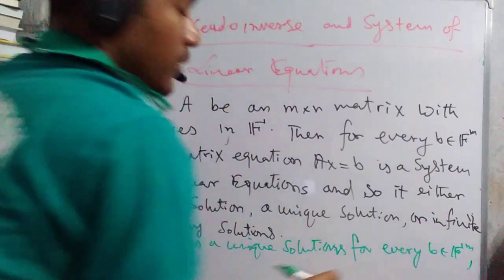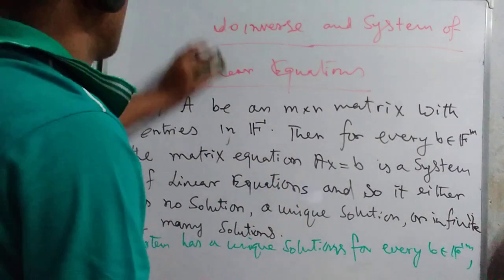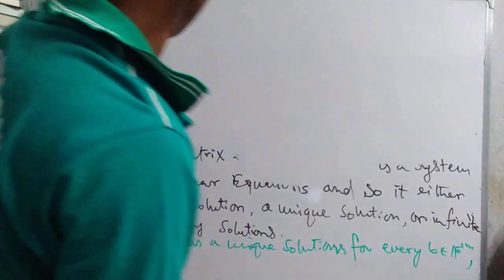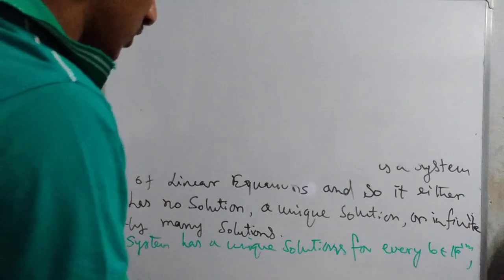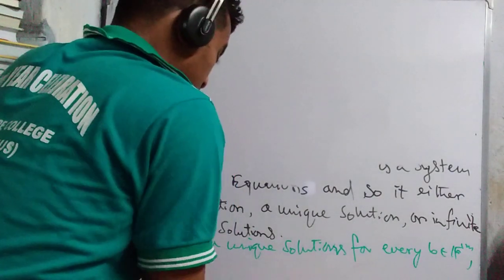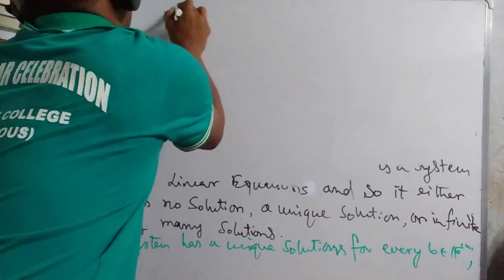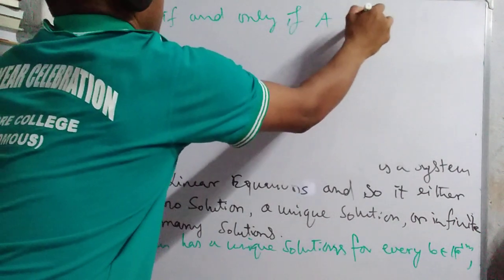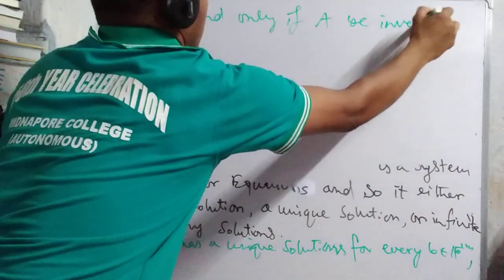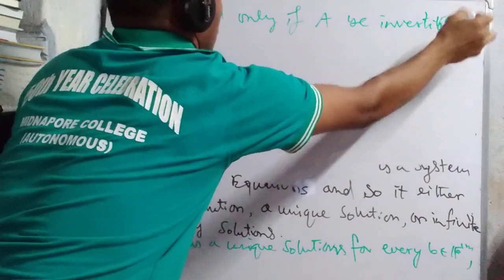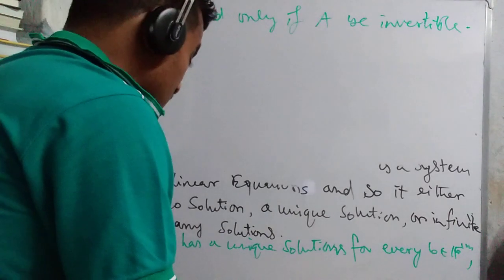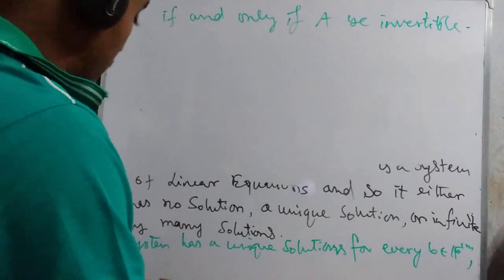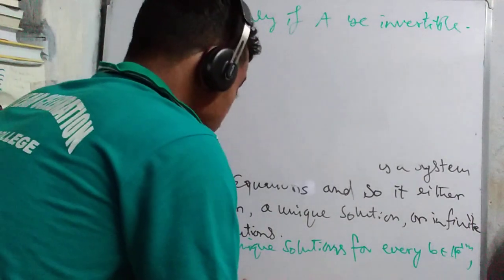When these solutions exist, that means, if and only if, A is invertible.